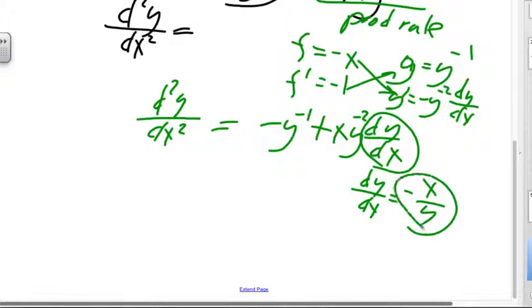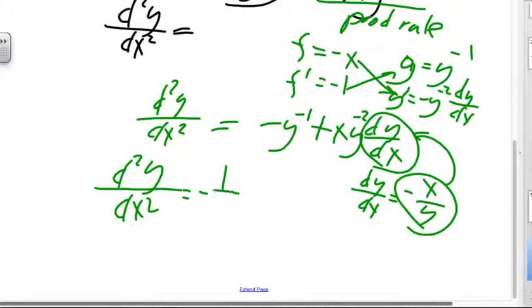So I substitute that back in up here, and I'm going to end up with d squared y over dx squared will be equal to negative 1 over y plus, and then I've got x over y squared from here times a negative x over y.